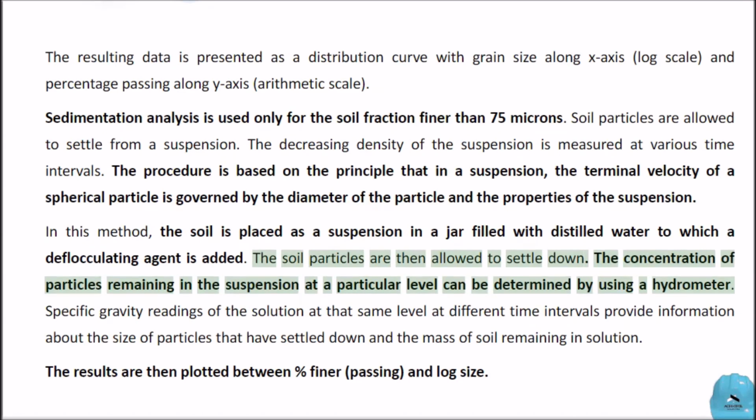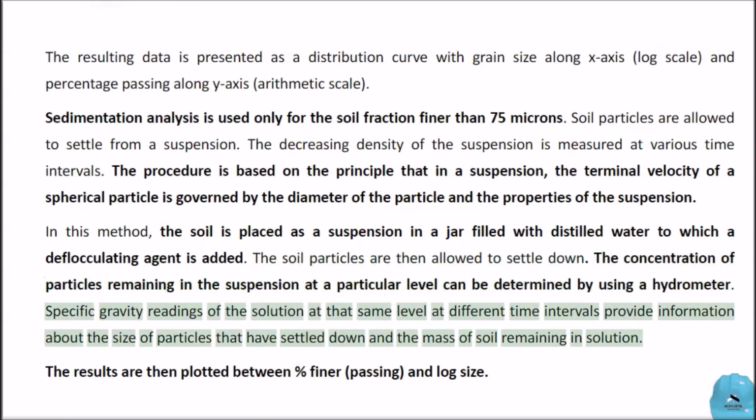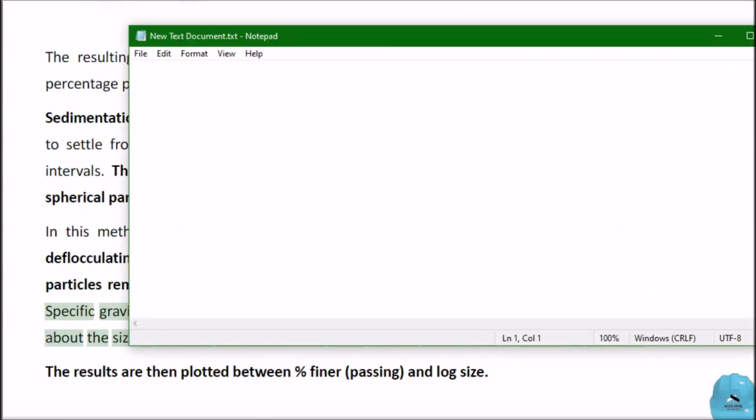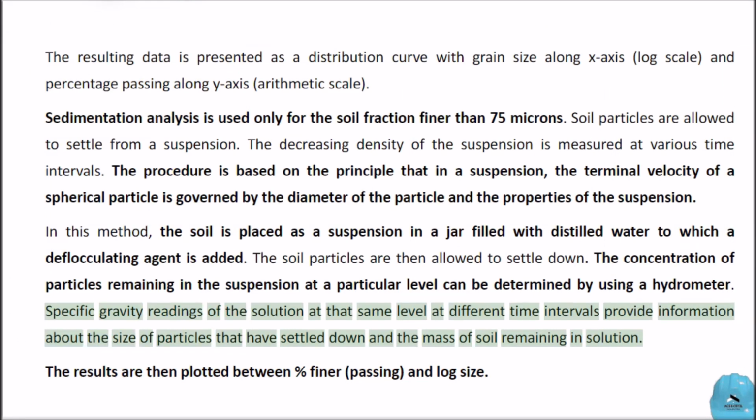The concentration of particles remaining in the suspension at a particular level can be determined by using a hydrometer. Specific gravity readings of the solution at that same level at different time intervals provide information about the size of particles that have settled down and the mass of soil remaining in solution.